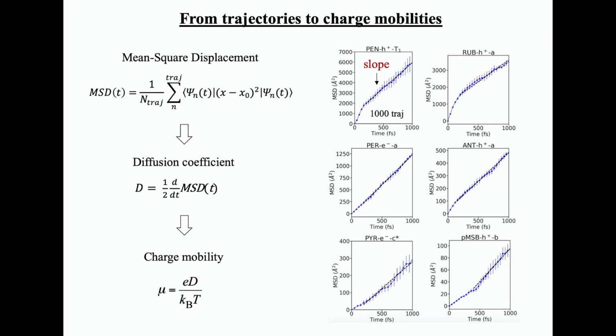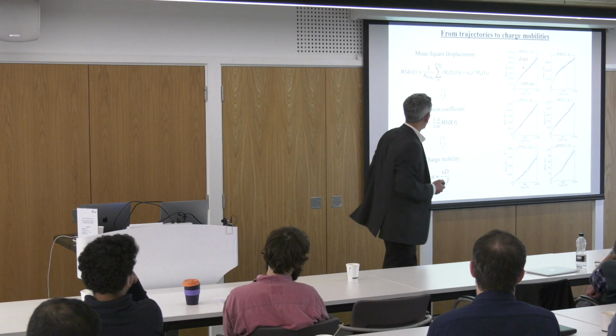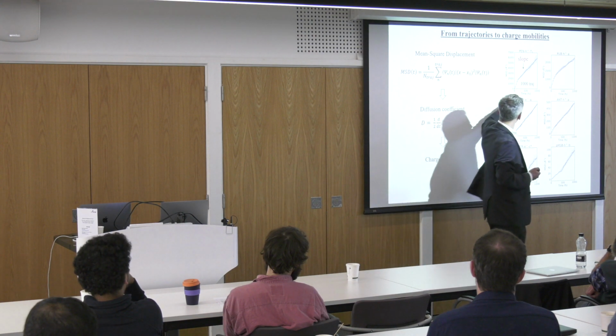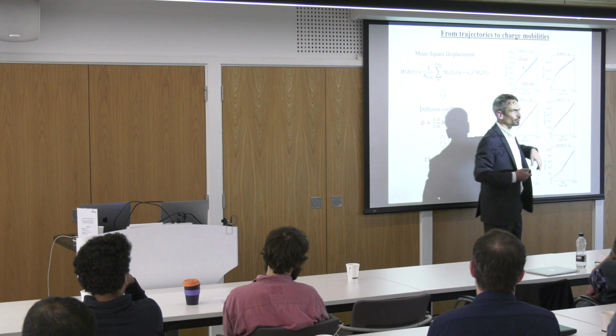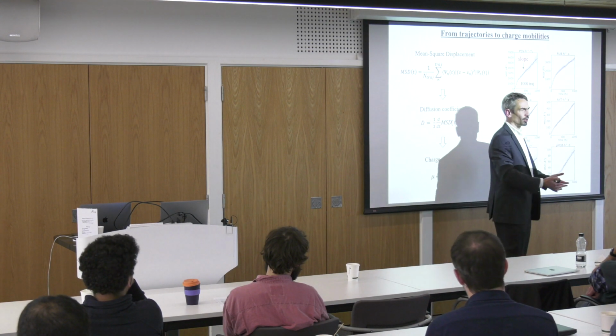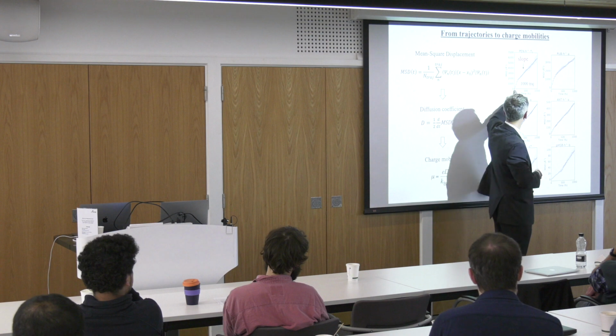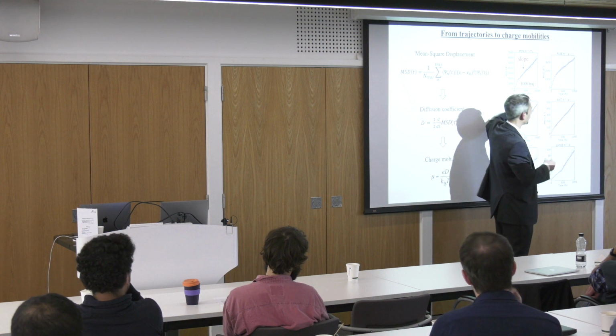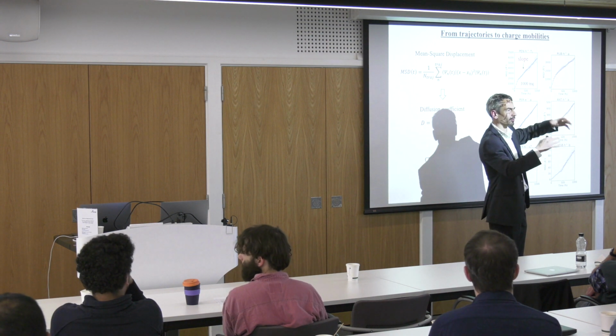You have to average the mean square displacement of that carrier wave function in time, and then plot it as a function of time and see how it looks. And what we see typically is that at the beginning, in the first 200 femtoseconds, you have some kind of relaxation process going on. This is exactly where the hole starts from a localized object and goes to the final polaron size. This is where it expands.